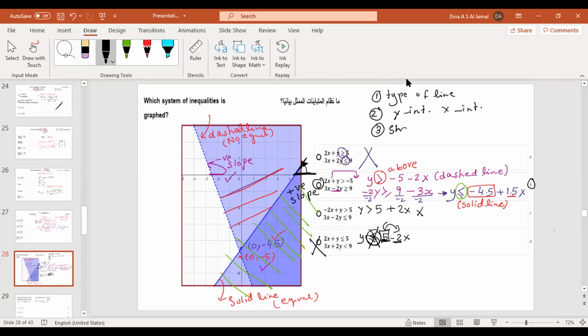Also, don't forget to check the shaded area at the end, because maybe he will be giving you good equations, but then your shaded area will not match what you chose, so you have to check the others. So this is wrong, this is wrong, this is wrong. B is the solution. Let's go to the other question.